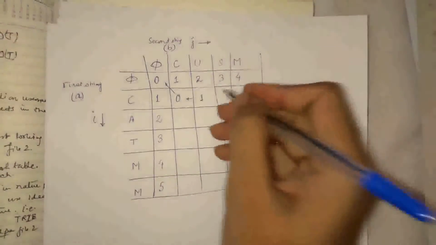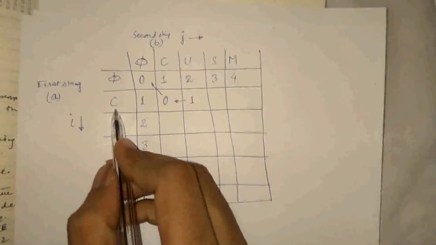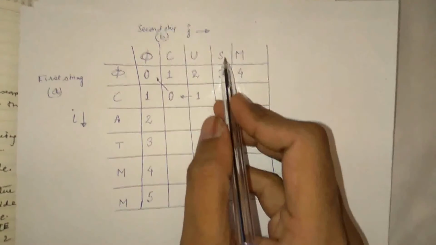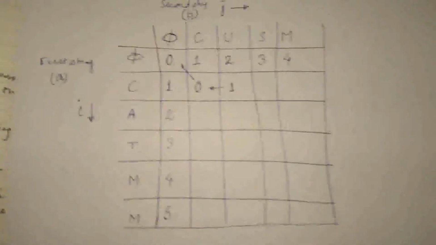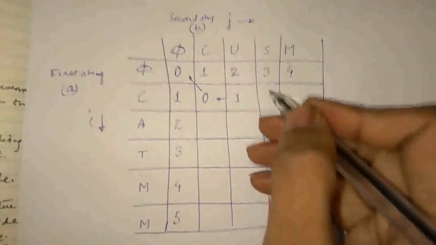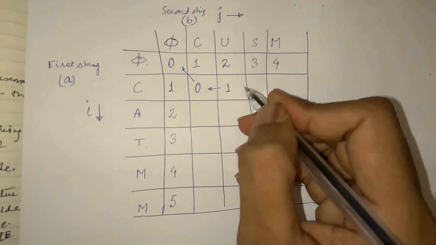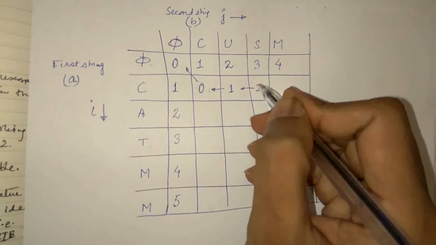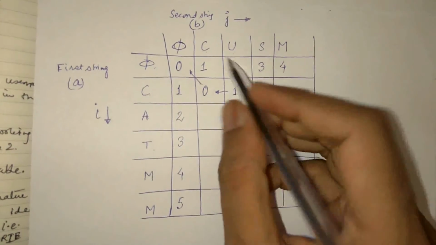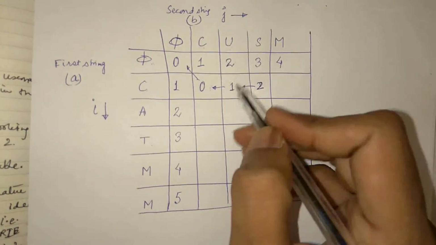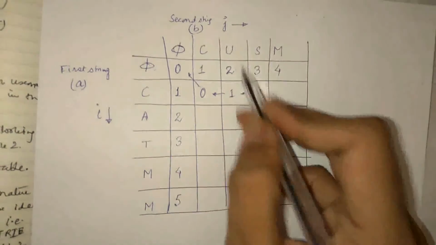Again, for this we have so far encountered C, here we have so far encountered CUS. So this cost will be minimum of these 3 plus 1, that is 2. Till now the total number of edits for CU is 1. We need to add one more S here, so definitely it is 1 plus 1, that is 2.